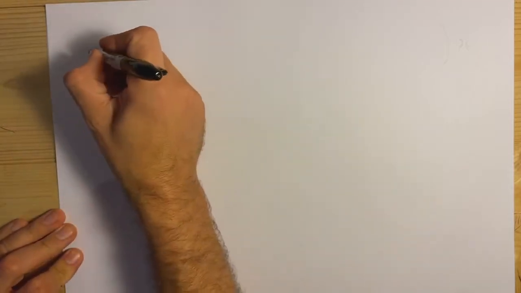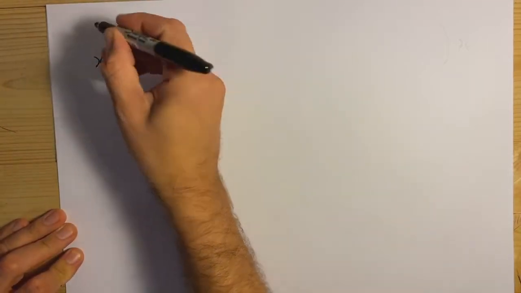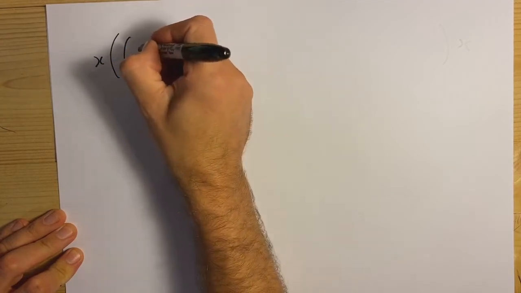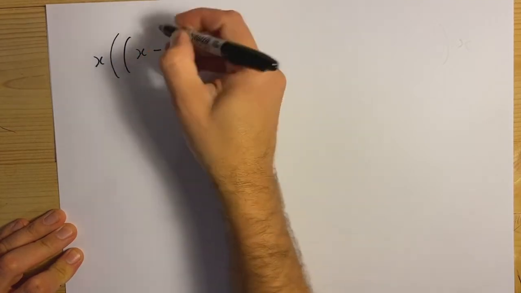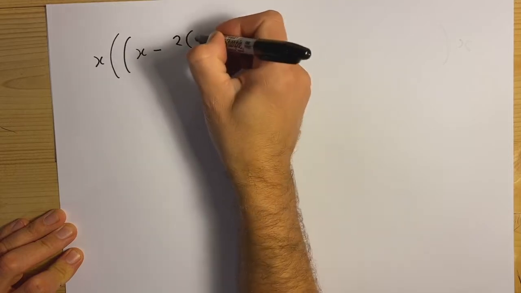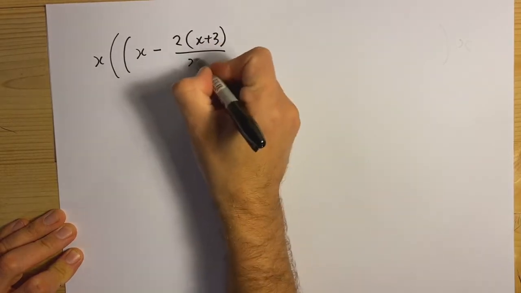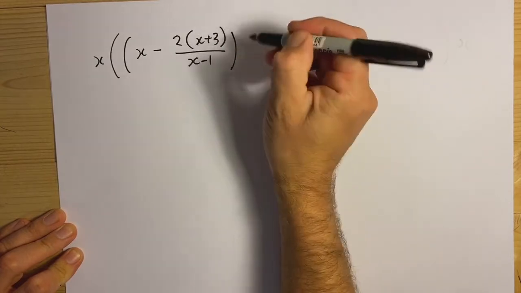So if we start, we've got x, and then we're opening two sets of brackets. We're saying x minus 2x plus 3 all divided by x minus 1, and then we're closing that bracket.